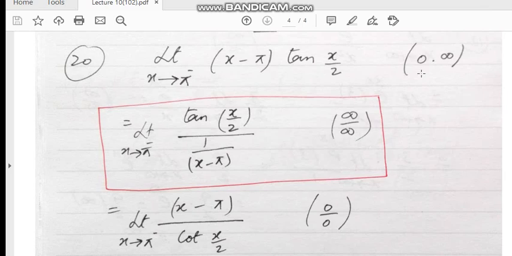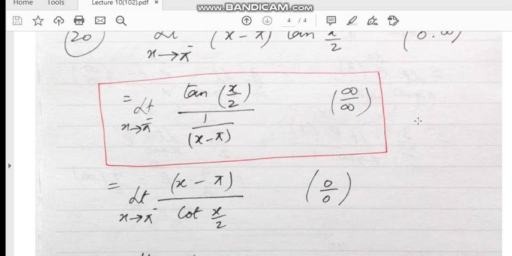So whenever you convert 0 into infinity form, if you see that the form that you have made is making your question complicated, or there is no chance of finishing the question, then try some other option, and the other option is that instead of converting it into infinity over infinity form, try it into 0 over 0 form.